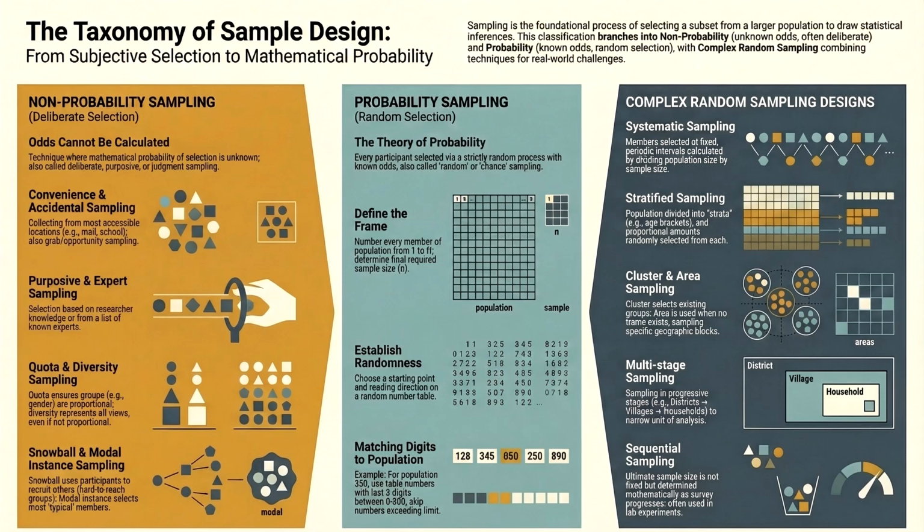When you look at the different types of non-probability sampling, the first one you have is convenience and accidental sampling. Now, this is a collection from the most accessible locations. Like the name itself suggests, it is based on convenience. So when I say I am studying the behavior of students, or the preparation pattern of students before examinations, I have stated students.